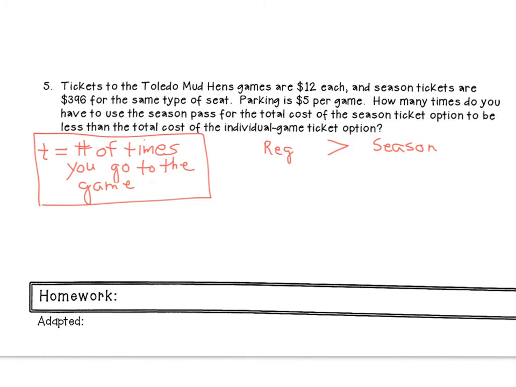So what does a regular ticket cost? It says it in the first sentence: $12 each. Now when you go to the game, you have to pay for parking, and parking is $5 per game. You pay for parking every time you go.